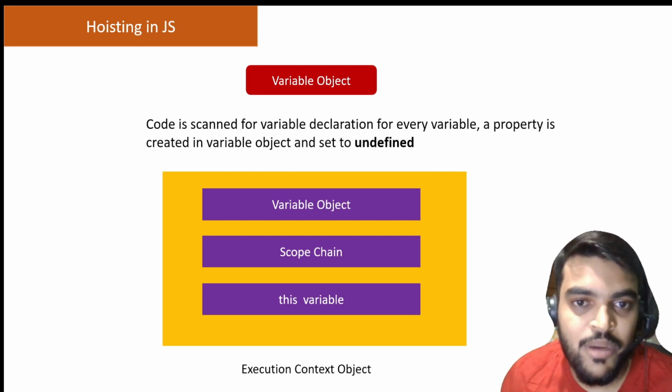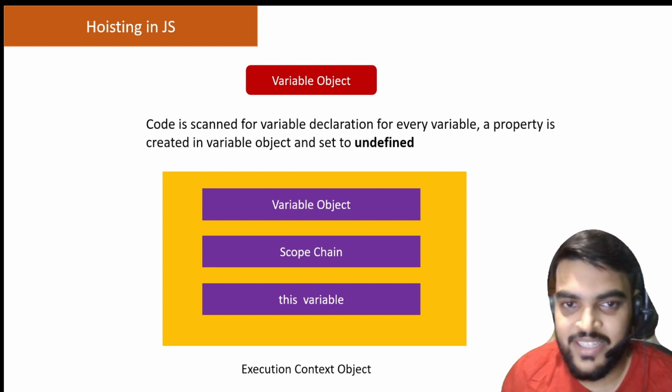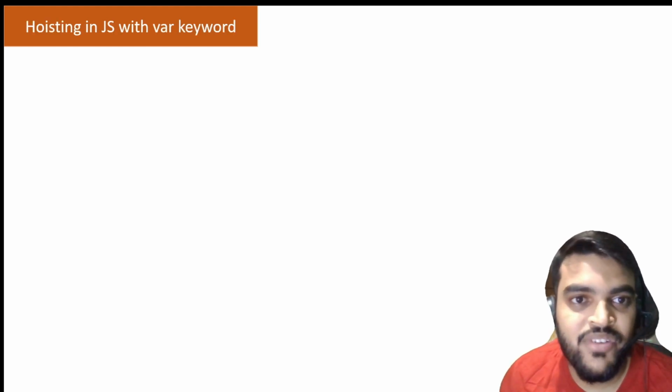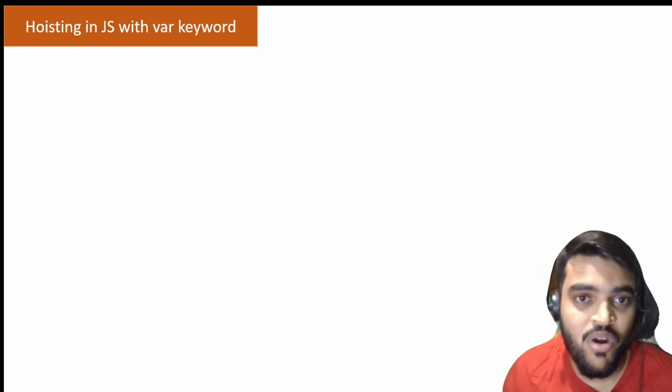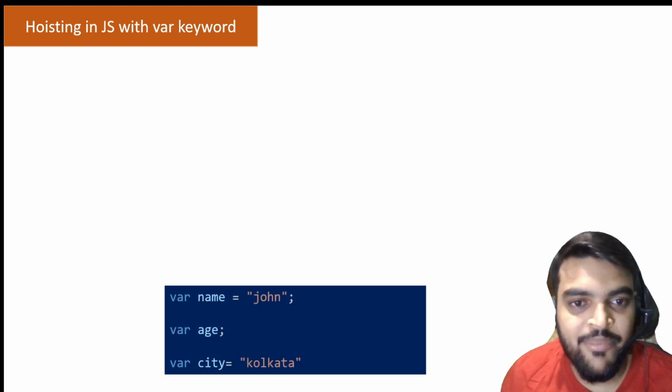Inside the variable object, in the creation phase, it will scan your code, find the variable declarations, add them as properties to the variable object, and set them to undefined. I hope it is clear now. So let's see the hoisting concept for the var keyword. Here I'm talking about only the var keyword. Let's say here I have some code.